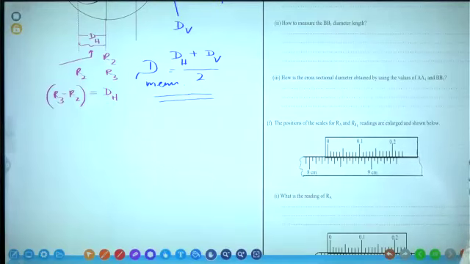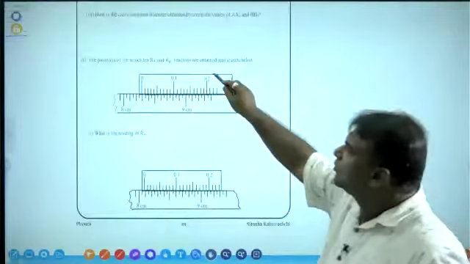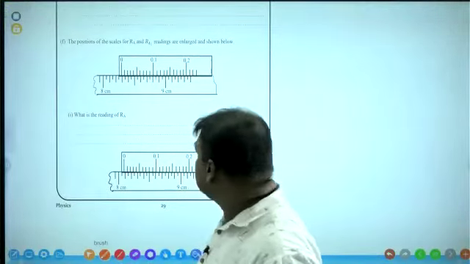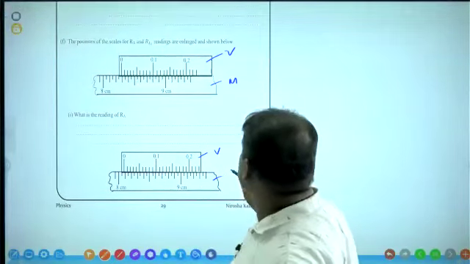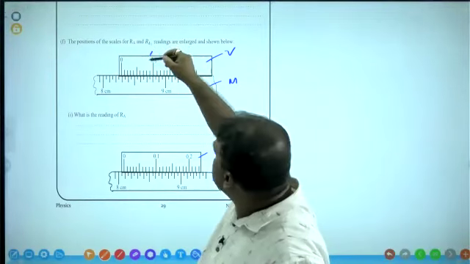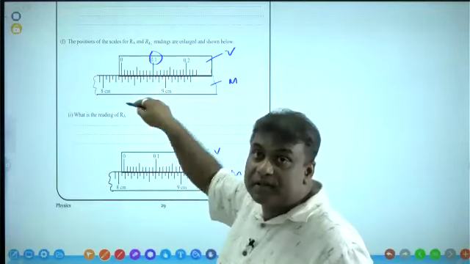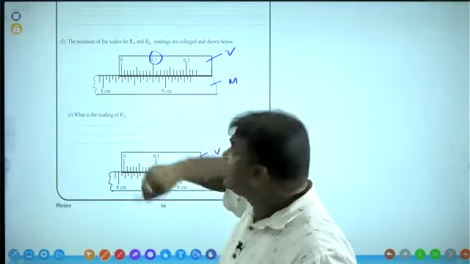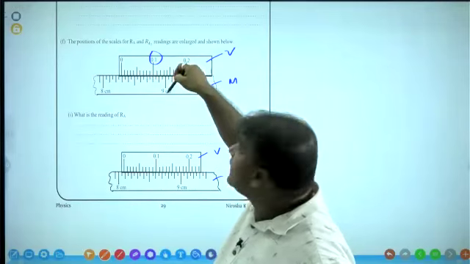Question F. Enlarged readings are shown like this. This is the vernier scale, and this one is the main scale. The vernier scale is already calibrated, which means if 10 divisions coincide with the main scale divisions, then the reading is 0.1 from the main scale reading.